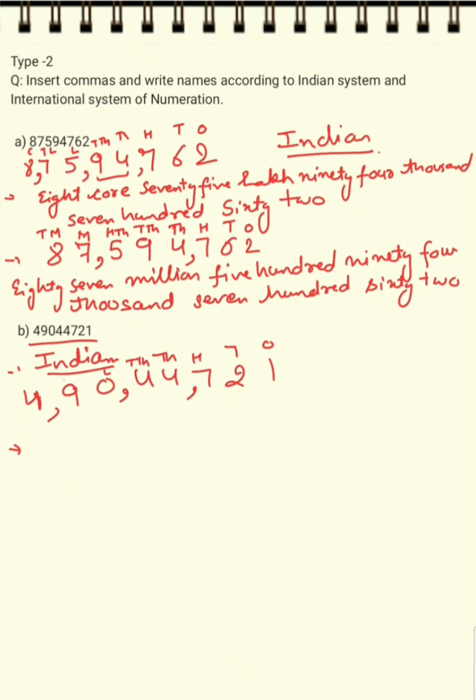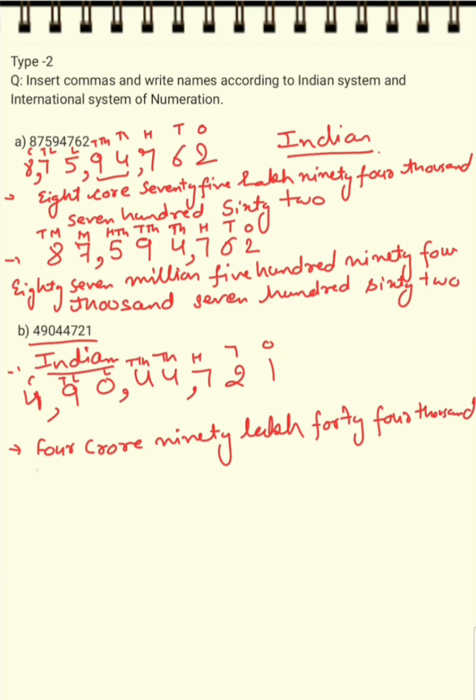This is lakh, then 10 lakh, and this is crore. We can write this number as 4 crore 90 lakh 44,721.